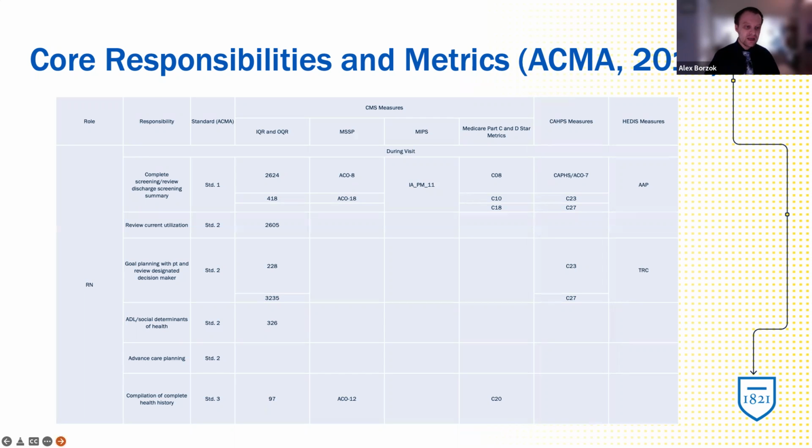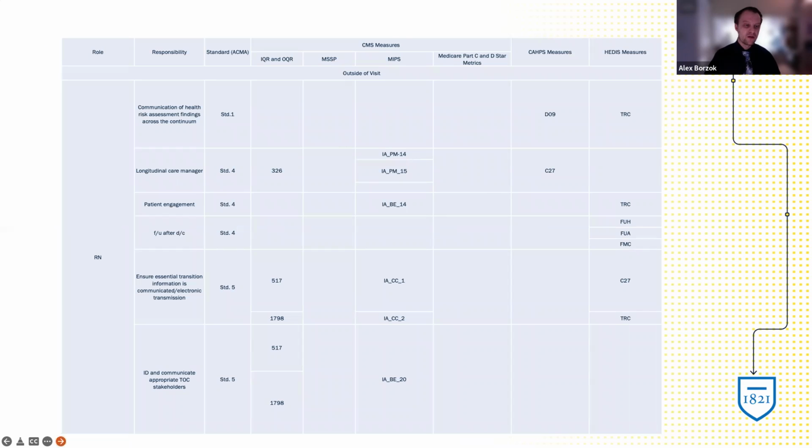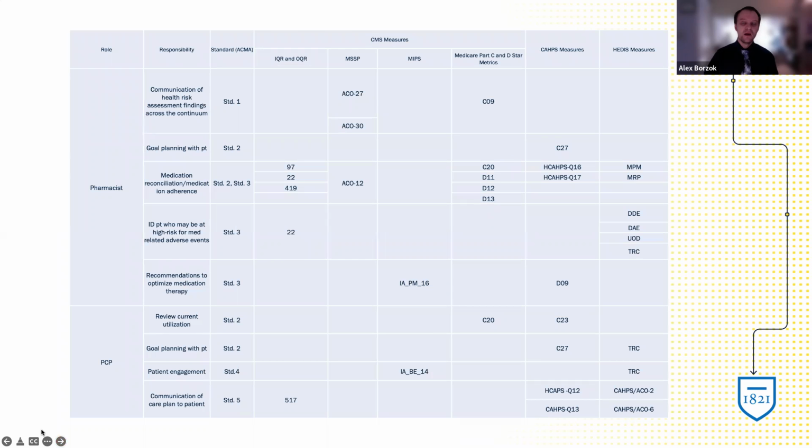But that's not to say that other people don't have responsibilities either. Your pharmacist has a bunch of responsibilities as well in meeting these standards for the ACMA transitions of care standards, and ultimately meeting these different core measures as well. Some of these can be delegated between your primary care provider and your nurse if you don't have a pharmacist.